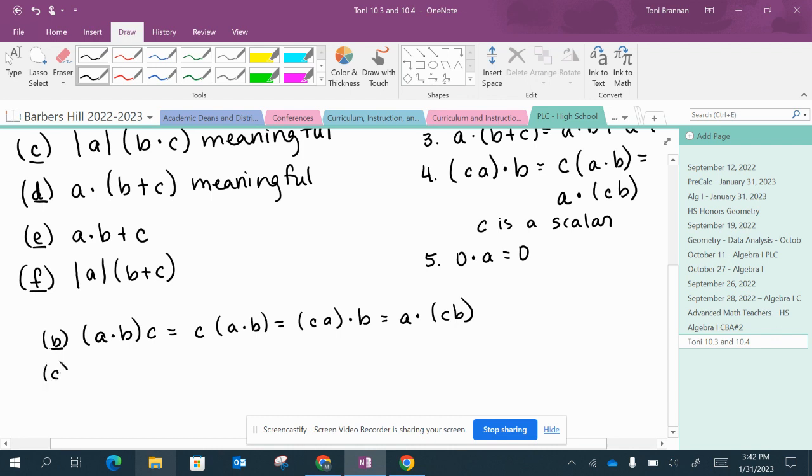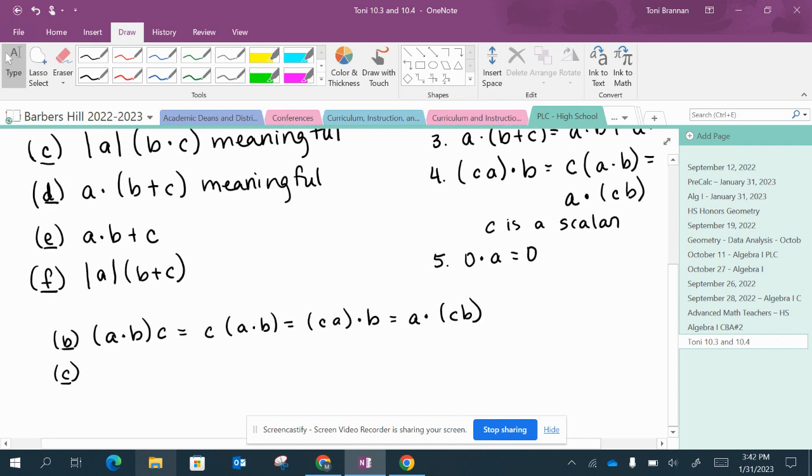If I look at C, all right, C took me a little bit. I'm going to come back to that one. Let's do D. And I'm writing with a little bitty stylus that came with my laptop. If I'm looking at D, D is meaningful.